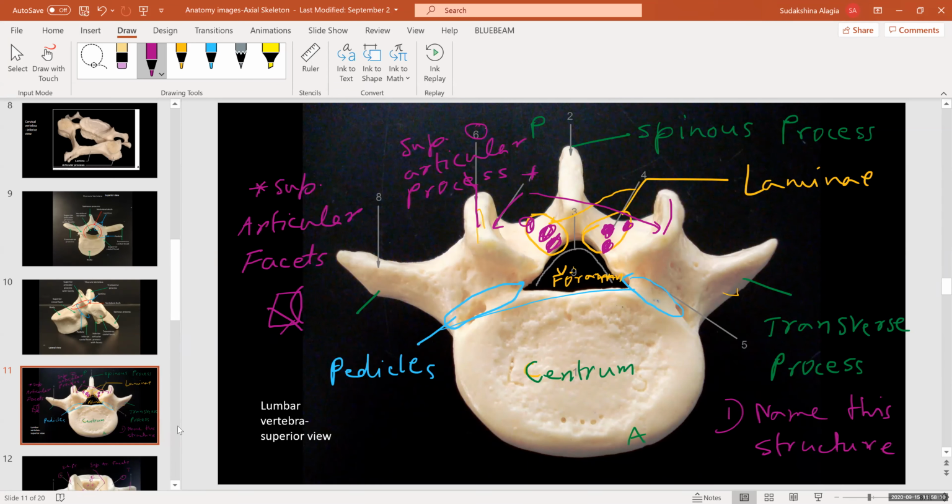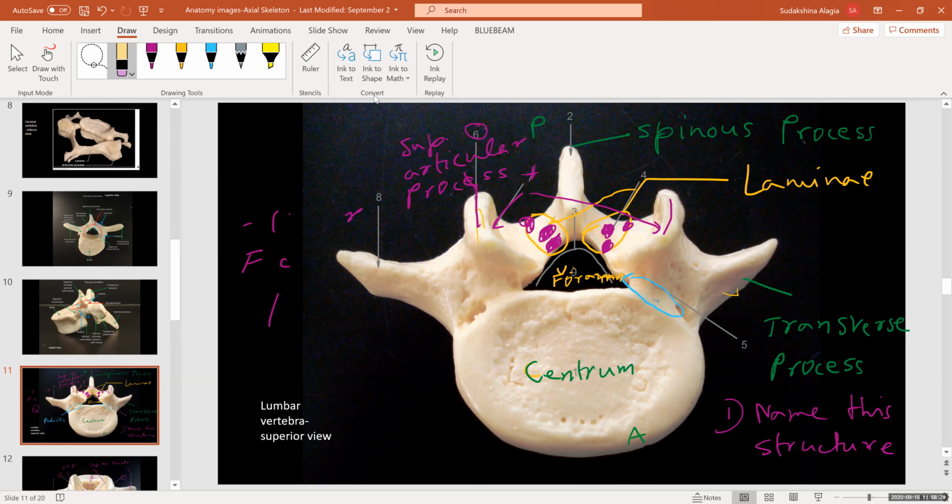The face-to-face exam has stickers, so I'm trying to mimic that. If I erase everything else, actually, it doesn't let me clear all drawings, so I'm just going to clear everything from here.